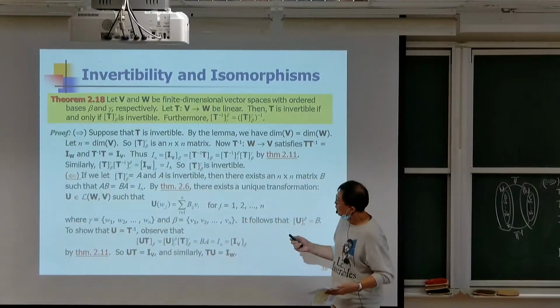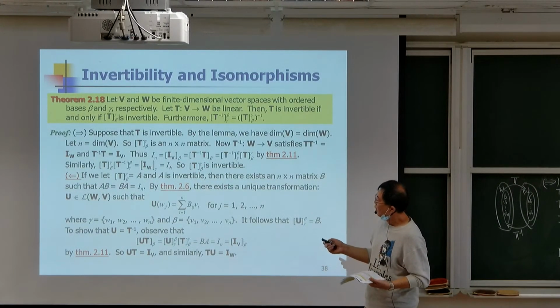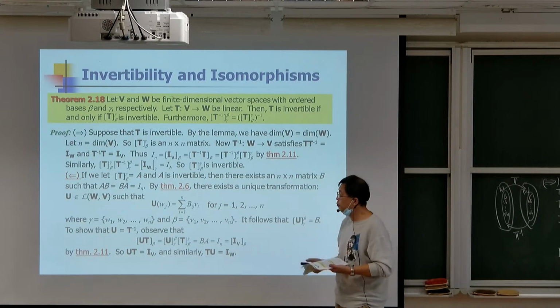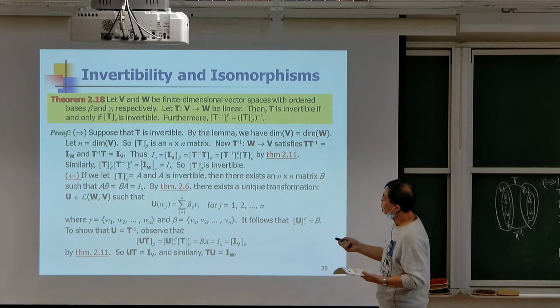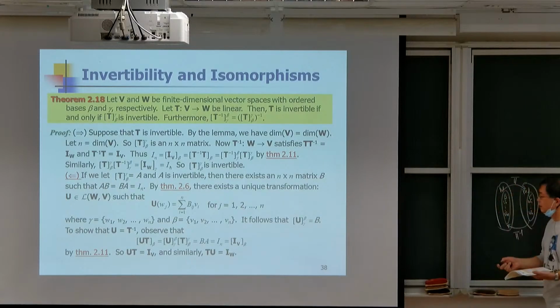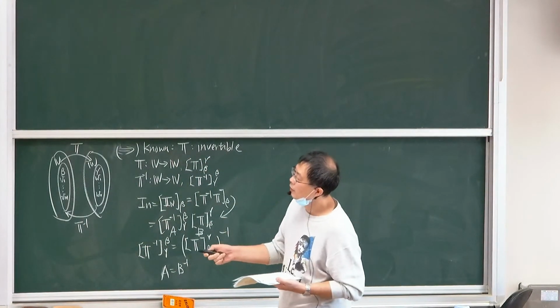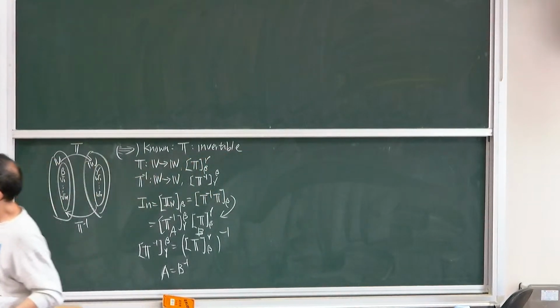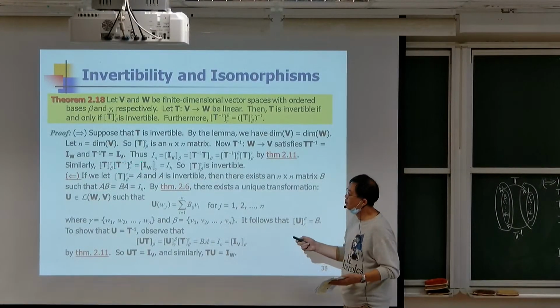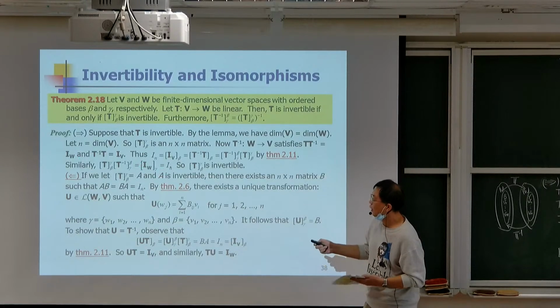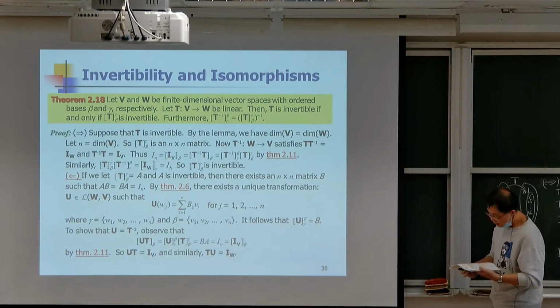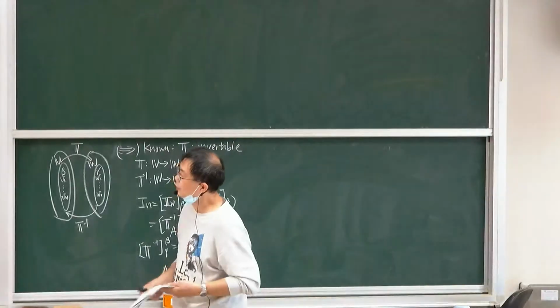Here the matrix representation of the linear transformation is invertible. And in the same way, we can get T from beta to gamma times T inverse from gamma to beta equals I_W. So we can get this result very straightforwardly.